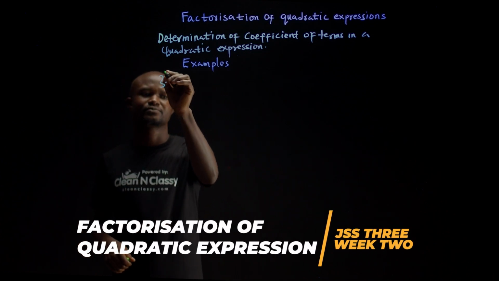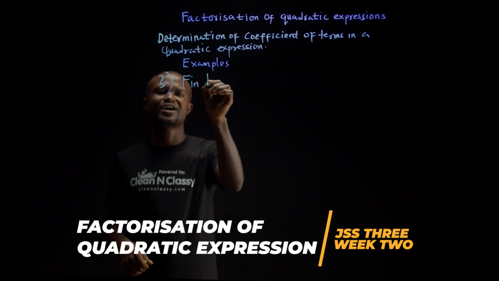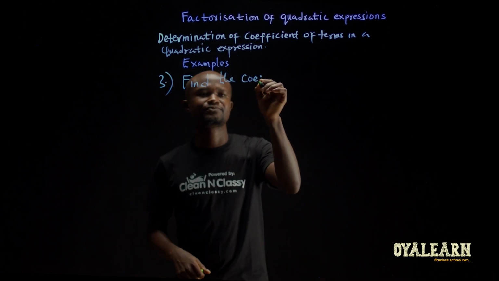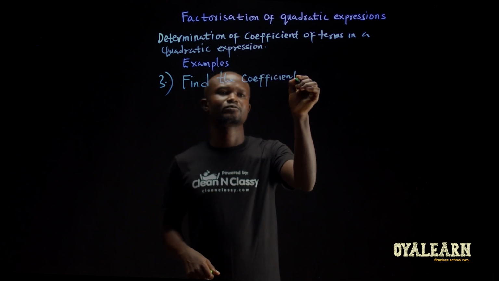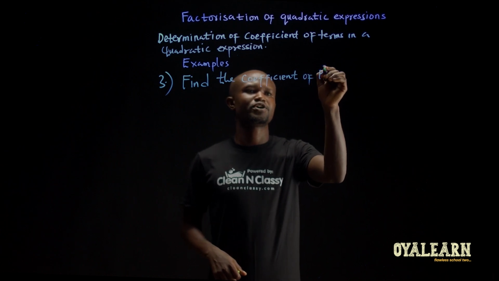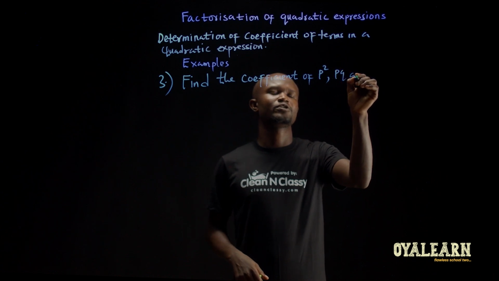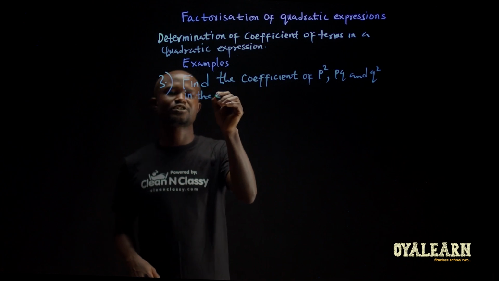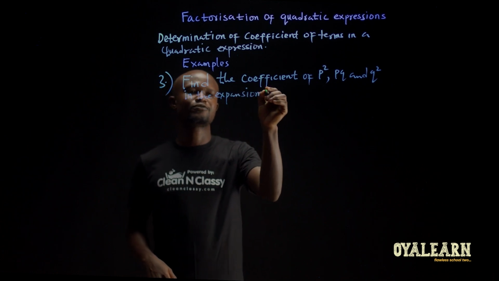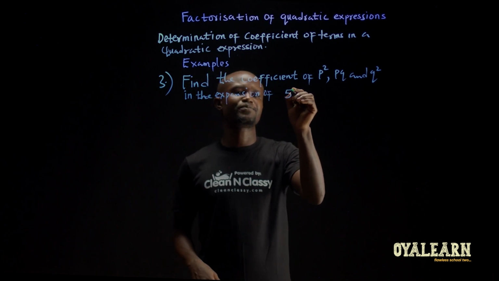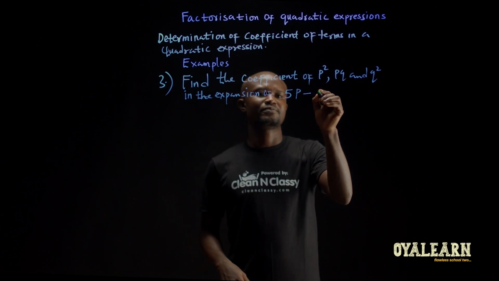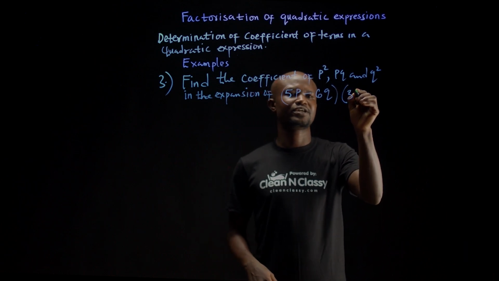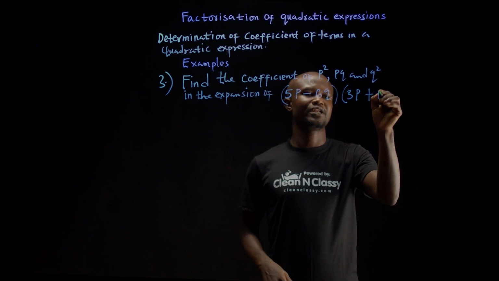Number 3. Find the coefficients of p square, pq, and q square in the expansion of 5p minus 6q into bracket 3p plus 11q.